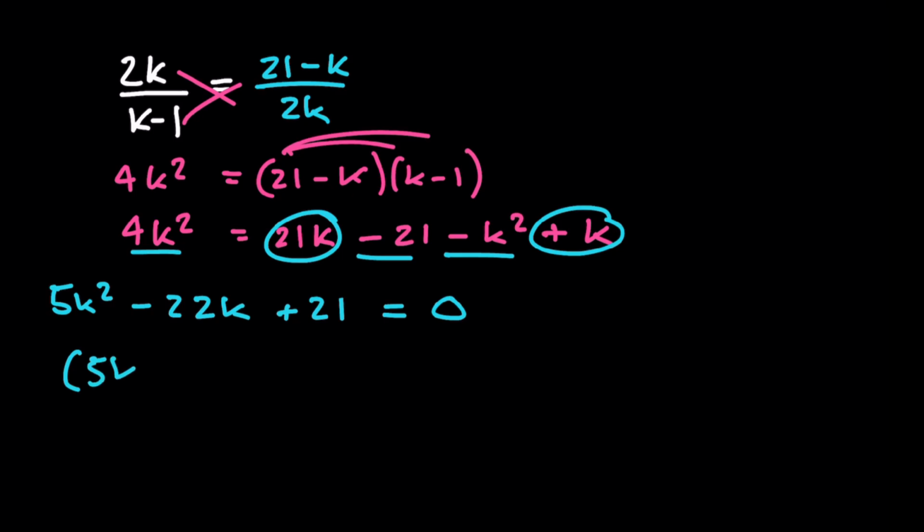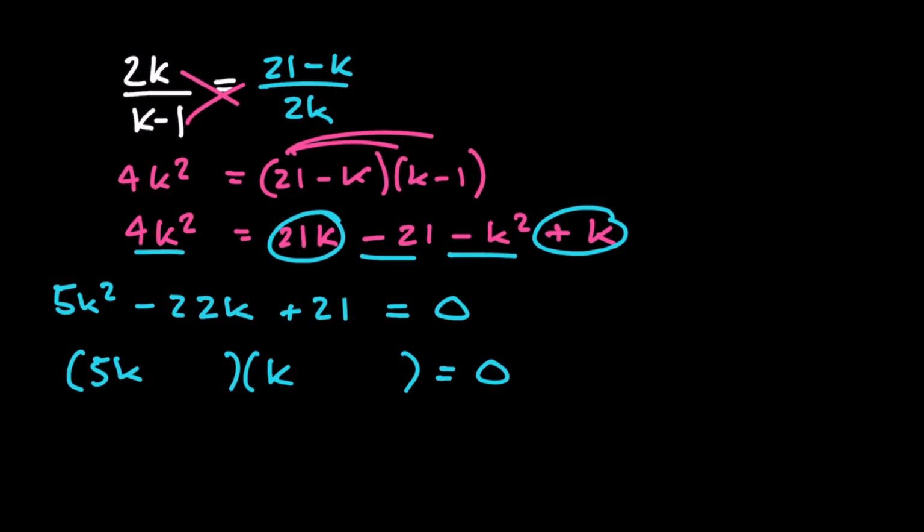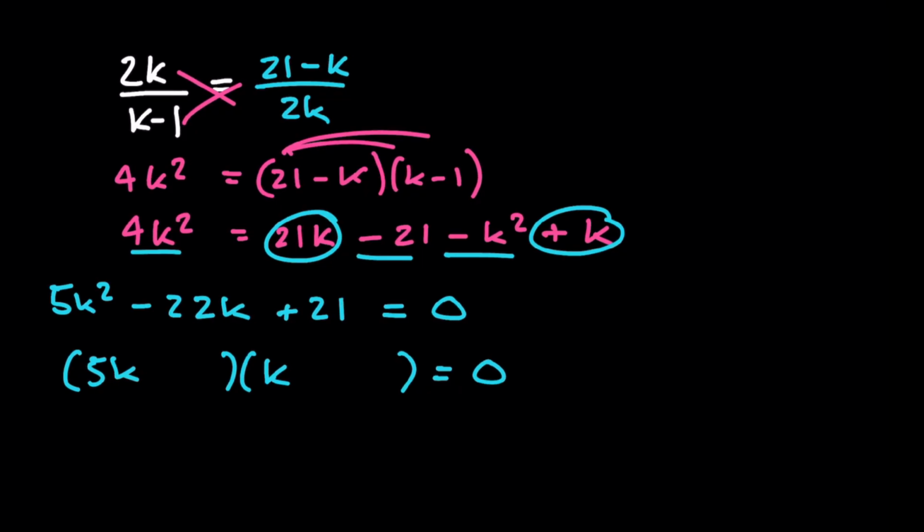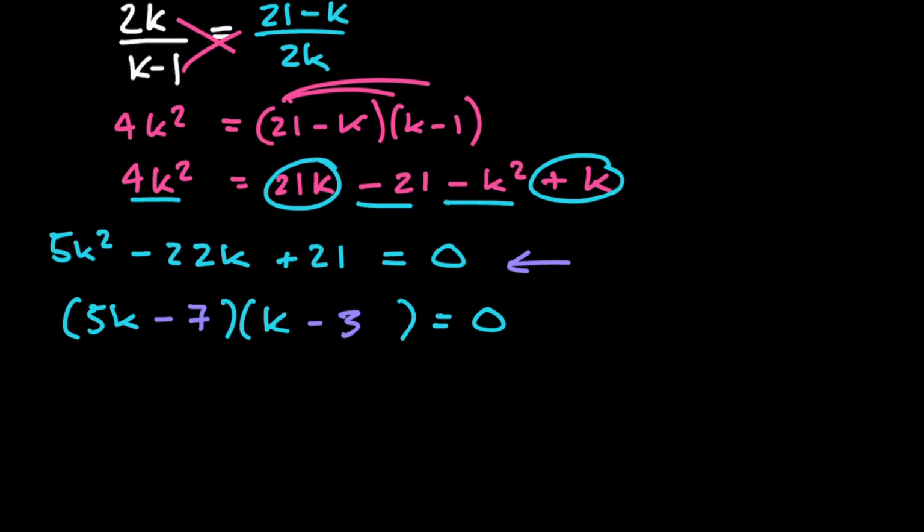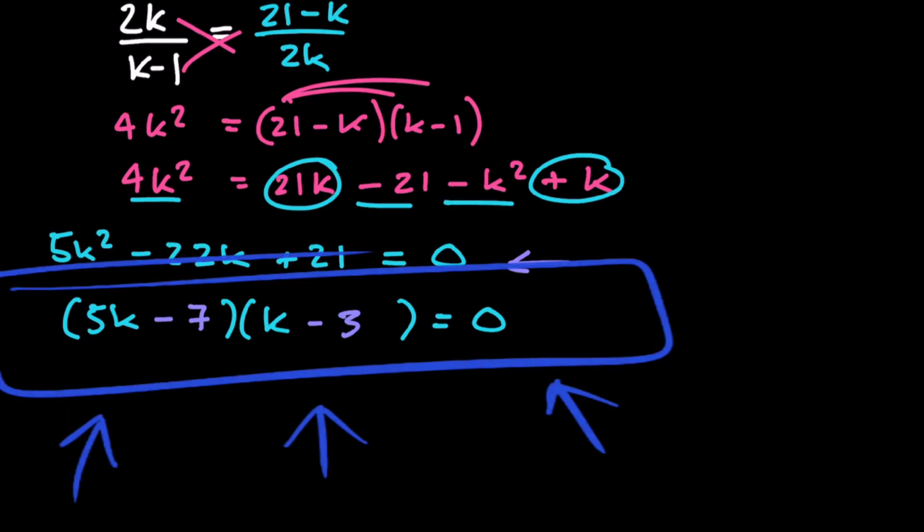So this is going to be 5k, open brackets, close brackets, k, close brackets, and we need to look for two numbers that multiply together to make minus 21, and that's going to be minus 7 and negative 3, because in a lot of these cases you will need to factorize a quadratic.